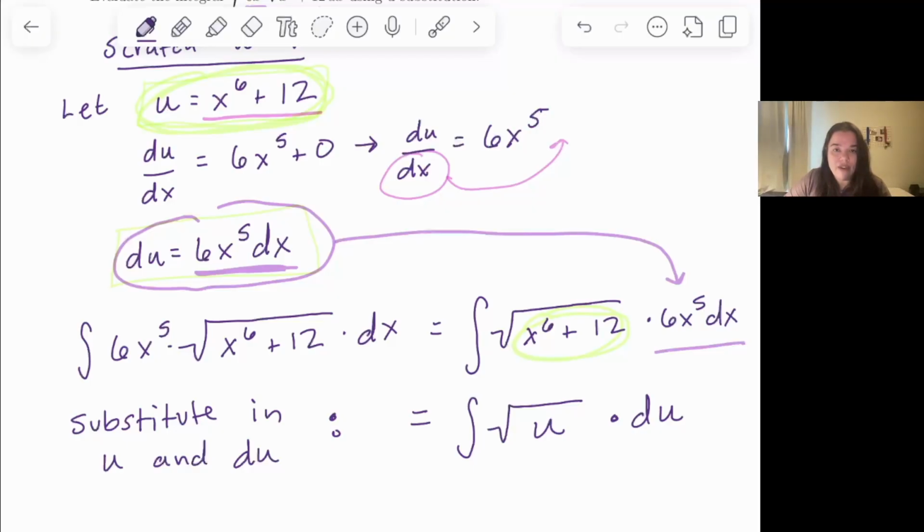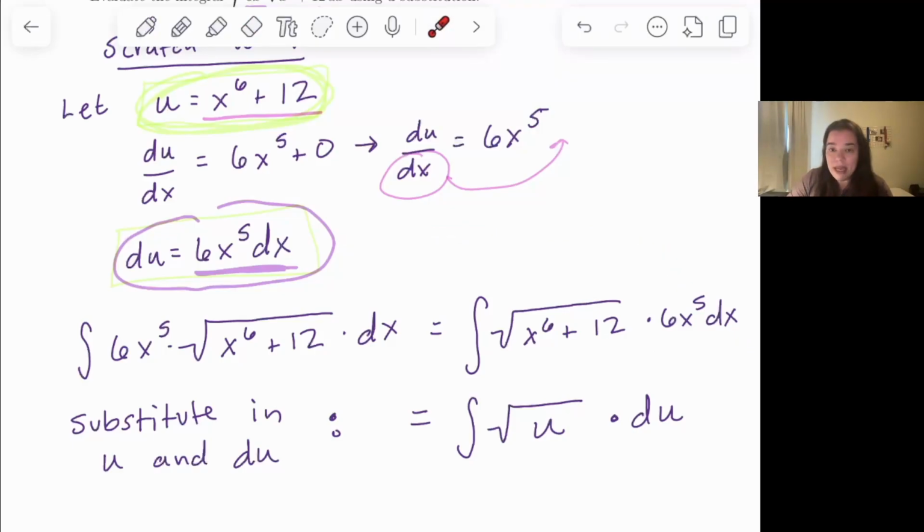Be very careful. Pause the video if you need to. All I did was substitute in who my u represented, and then from u, I calculated du, and then I saw there was a match for du as well. I subbed out all of my x players, and I subbed in all of my u players. I'm going to remove some of these marks now so we can continue with the problem.